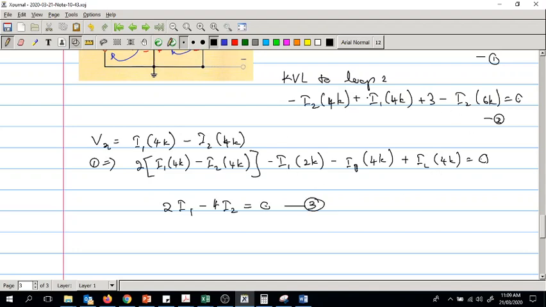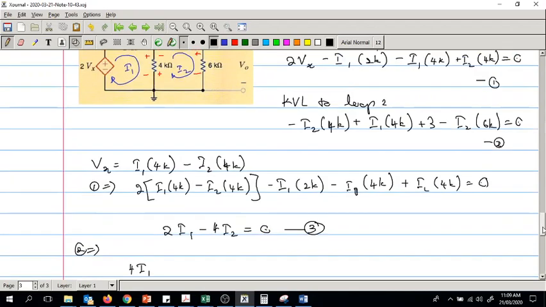Let's say from here we get another equation, right, so 4 from 2, if you simplify 2, we'll push the 3 to the other side, so 4 I1, this is minus 4 minus 6 is minus 10.